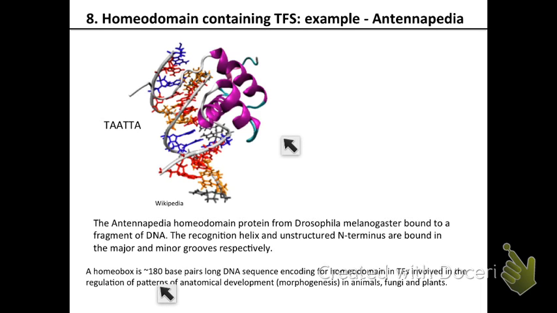So the homeodomain transcription factors contain a homeobox. Don't confuse this with a DNA sequence where things bind. This homeobox is the region of the coding region of the gene that encodes the homeodomain, okay? So then you might hear in the future homeobox containing transcription factors. You'll immediately say, okay, these are the homeodomain transcription factors.